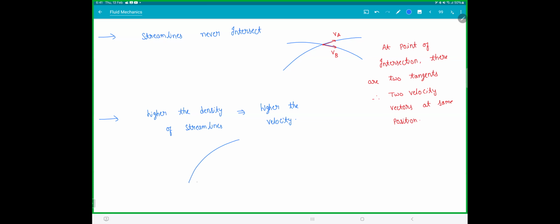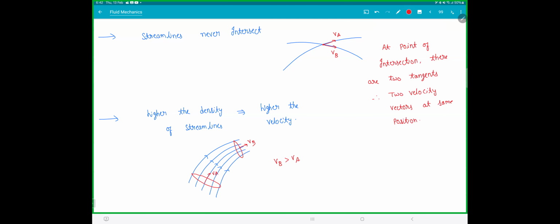Meaning, now if you see, the number of streamlines is only 5. But if you look at this position here, and this position here, more streamlines are meeting at A. So here, if you see, VB is greater than VA.